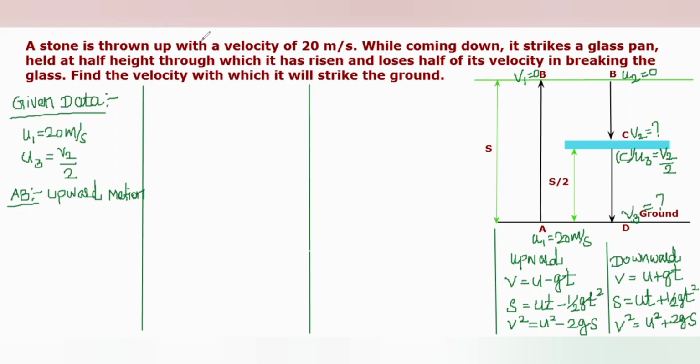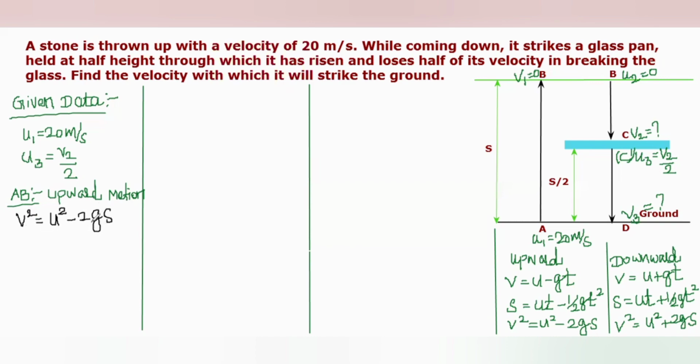Okay, so we are going to calculate this in the upward motion AB. Here we need S, and we have the values of final velocity, initial velocity, and G. So using the third equation will be convenient. V square equals U square minus 2GS.